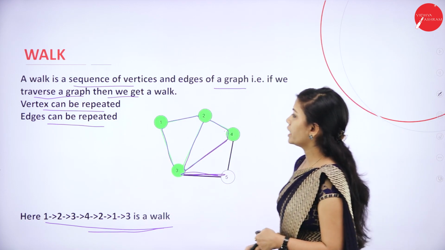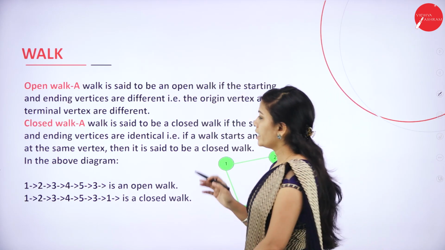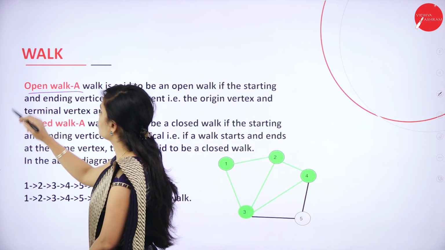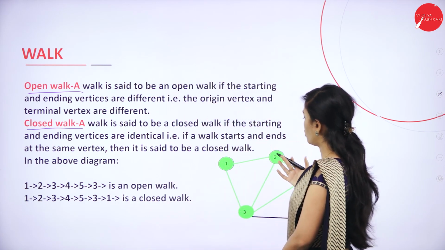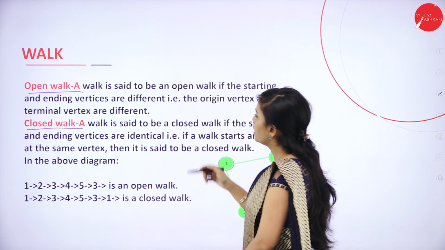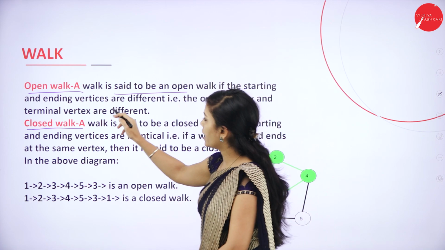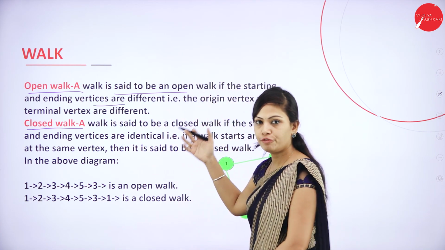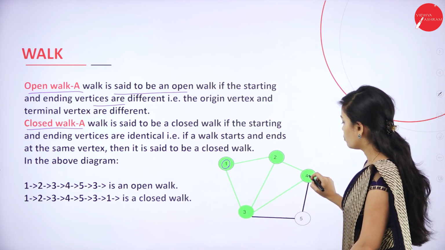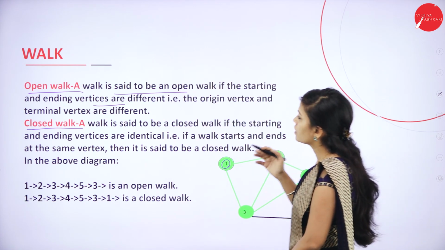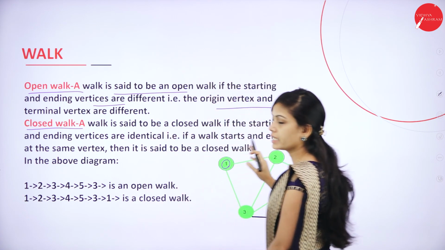Clear? So next one we have types of walk. In walk, we have two types, that is open walk and closed walk. So what is this open walk and closed walk? A walk is said to be an open walk if the starting and ending vertices are different. That is, the origin vertex and the terminal vertex are different.